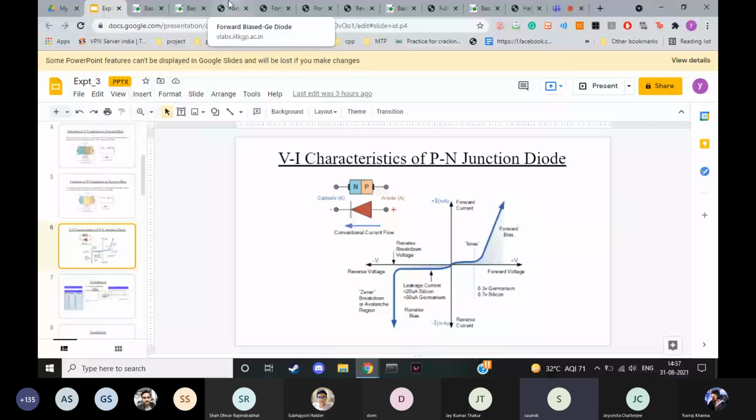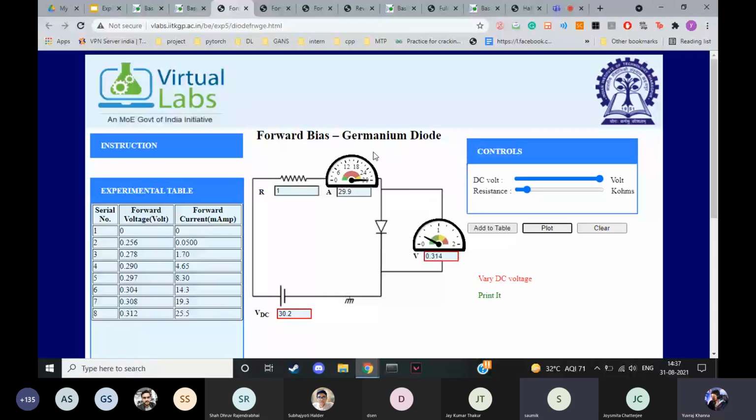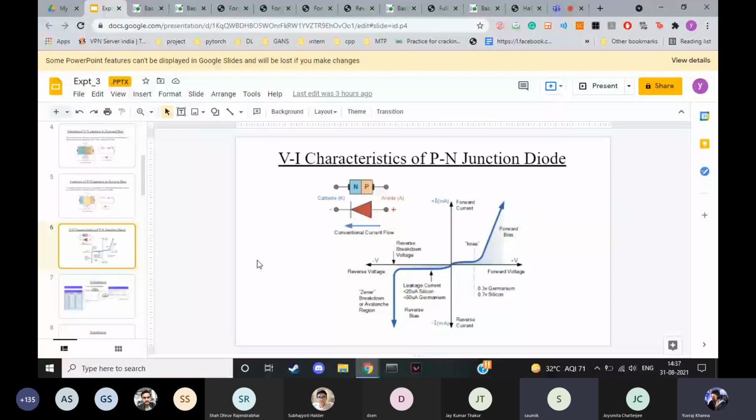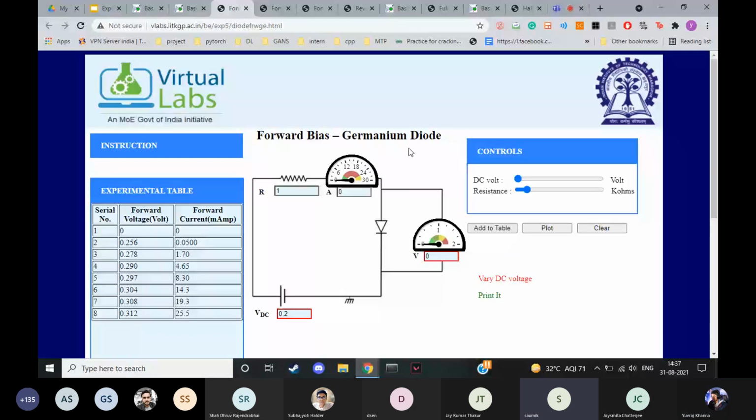Even in this particular graph you will see there is a dotted line. Yuvraj, you can just show it once. For the VI characteristics of the normal diode, you have this VF written over there. There's a lag, I have opened the simulation part.